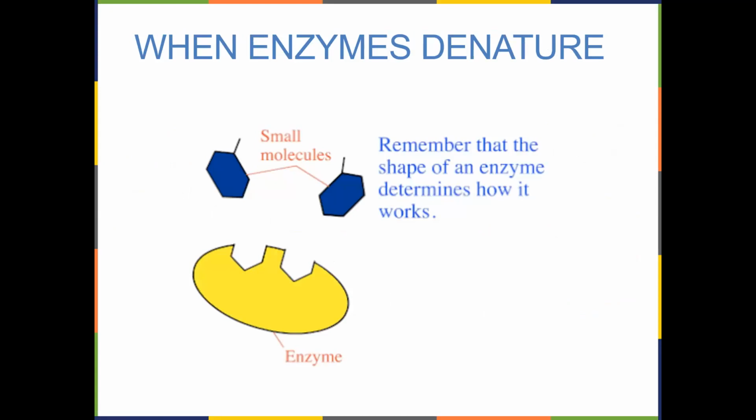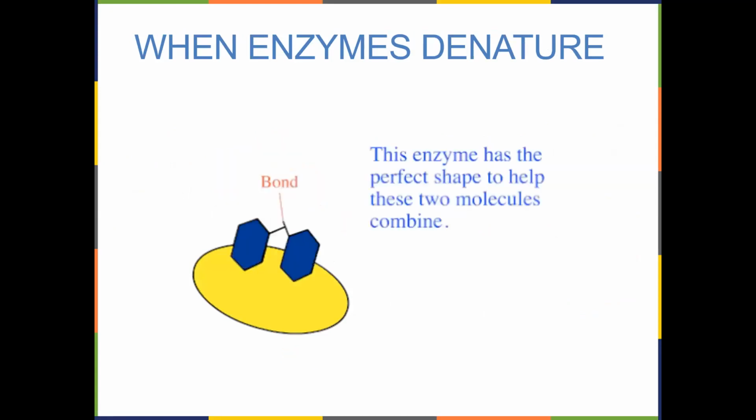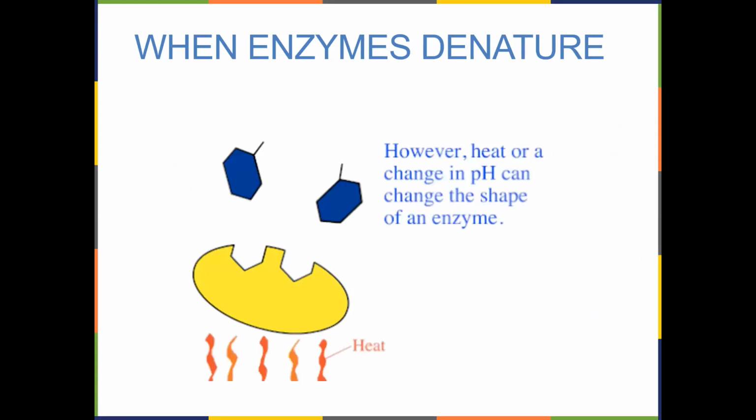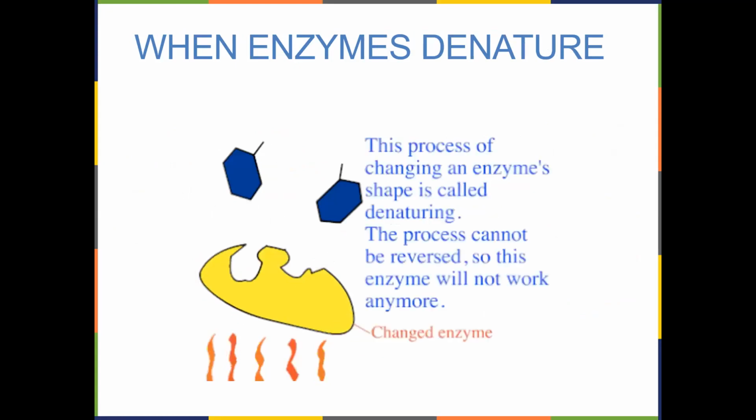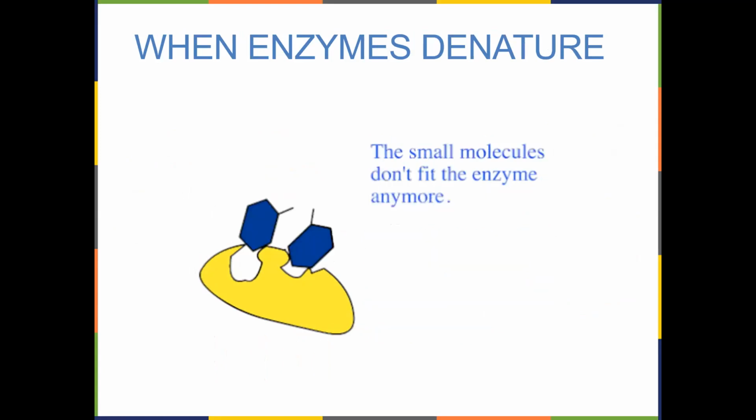So, now when the enzymes denature, the active site gets damaged. What you're seeing here is with a normal healthy enzyme, the substrate lands on the site perfectly and it fits. But when the enzyme is denatured, the active site is altered and the substrates can't land there.